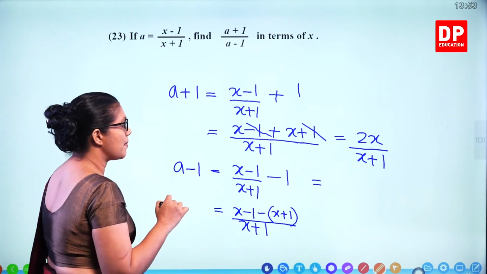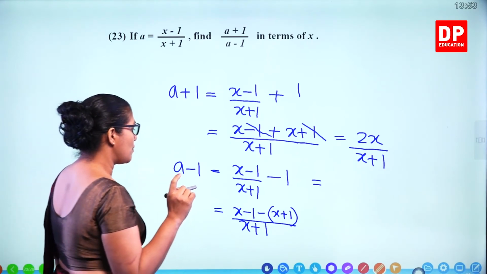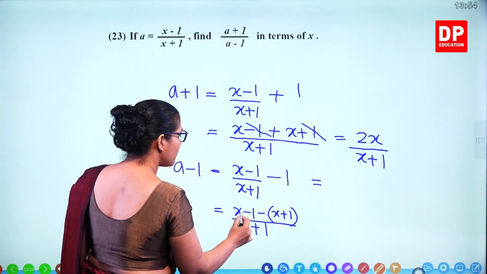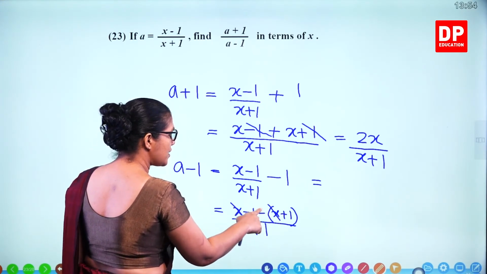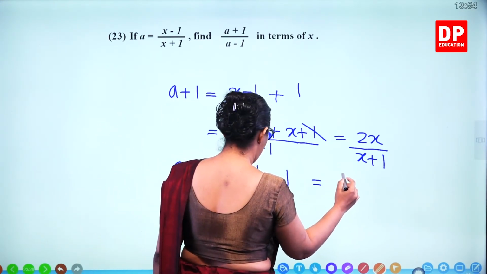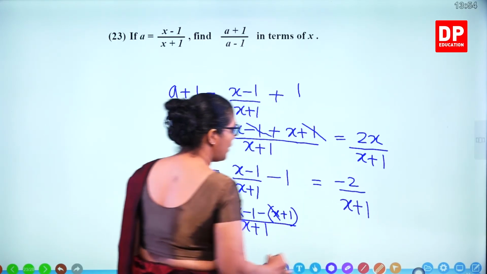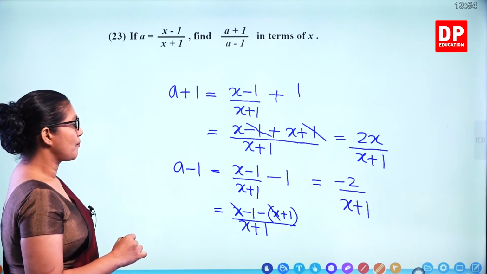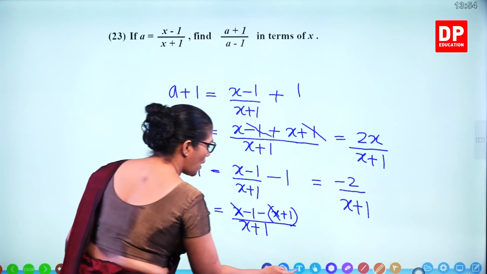You can cross multiply, but make sure that you put brackets. So what you get? x gets cancelled out. Minus 1 and minus 1 becomes minus 2 over x plus 1. Now just divide a plus 1 over a minus 1.